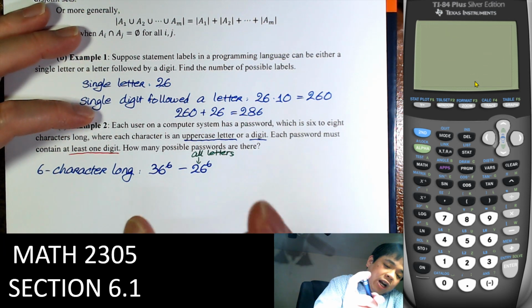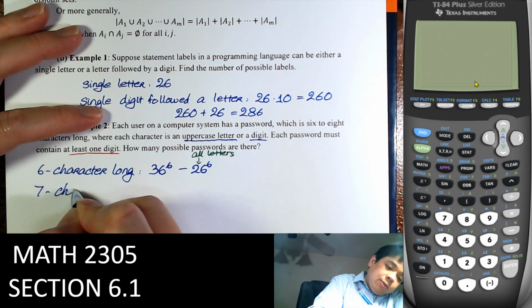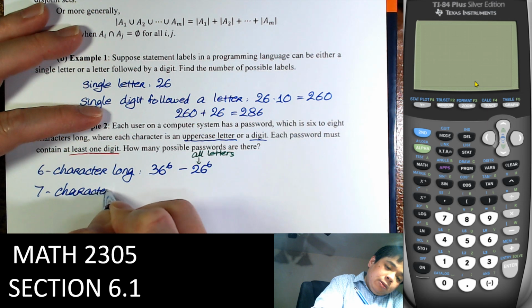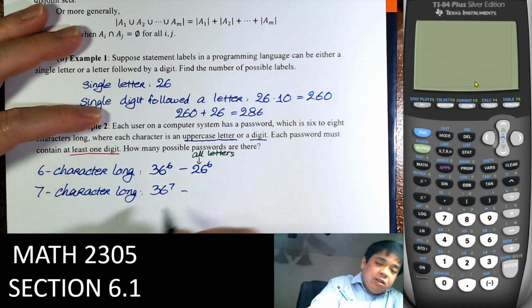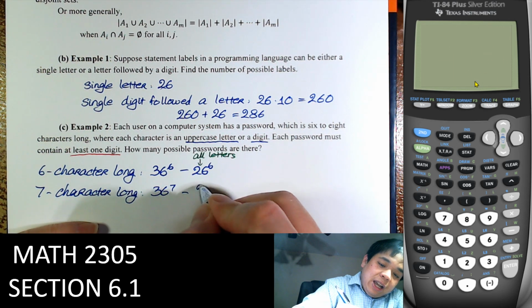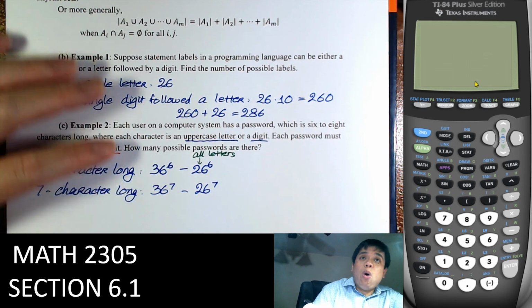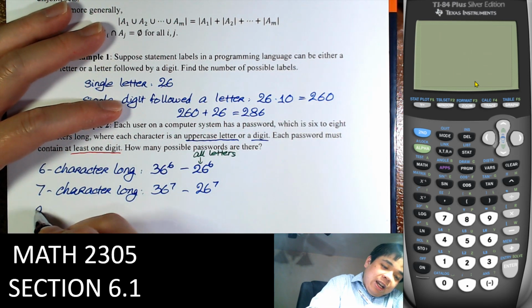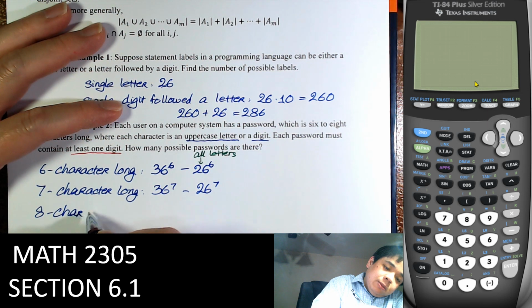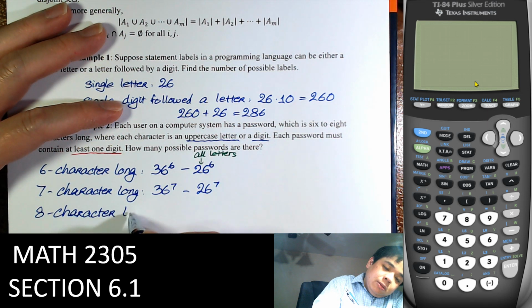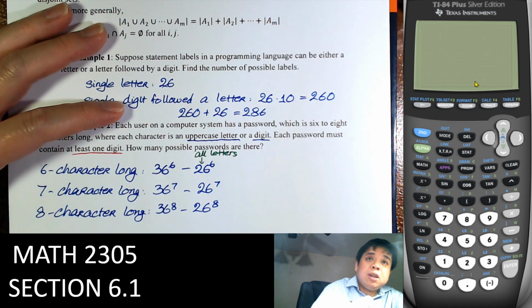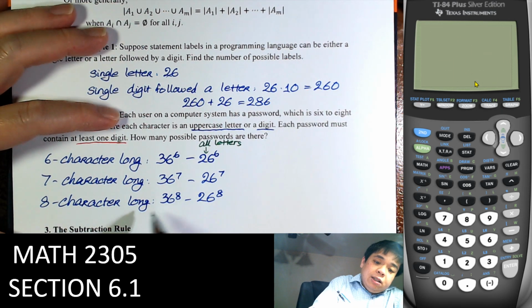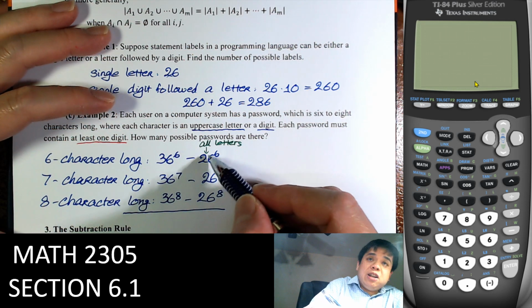And then for the 7 characters long, just raise to the 7 because there are 7 places, and then subtract the case when it's all letters, and then 8 characters long, just do that.